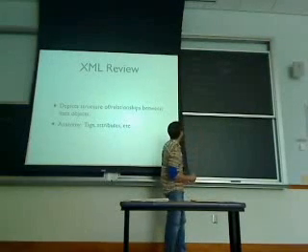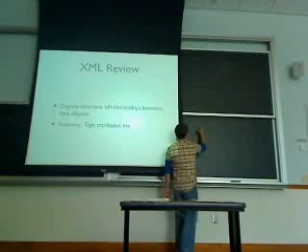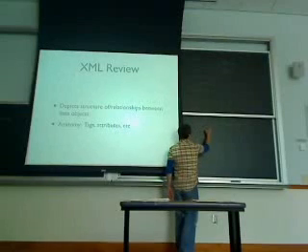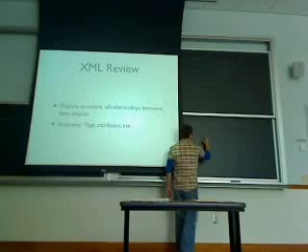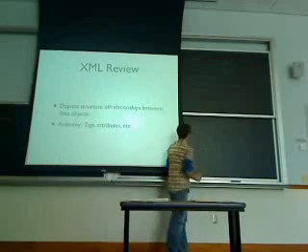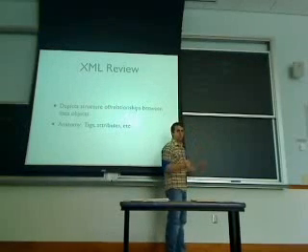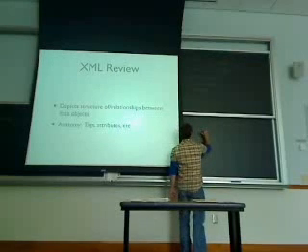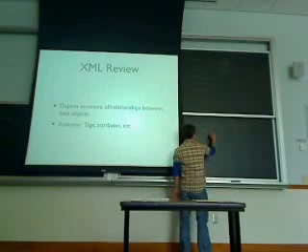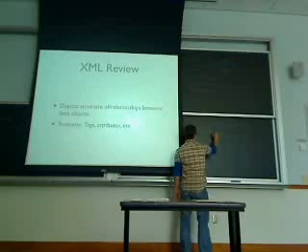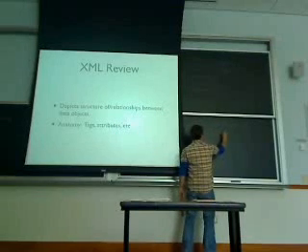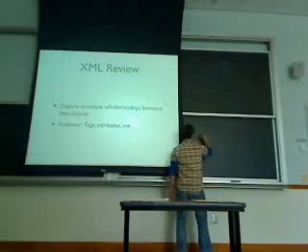And then the way you represent relationships between pieces of data is you kind of nest them within here. So you might have a prerequisites tag. And then that might contain a list of prerequisite courses. So you might have prerequisite, the course number equals 101.